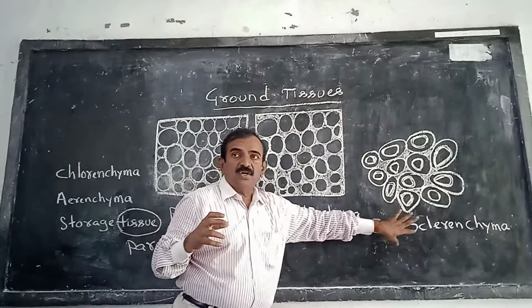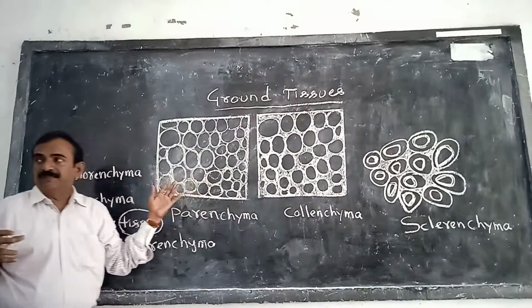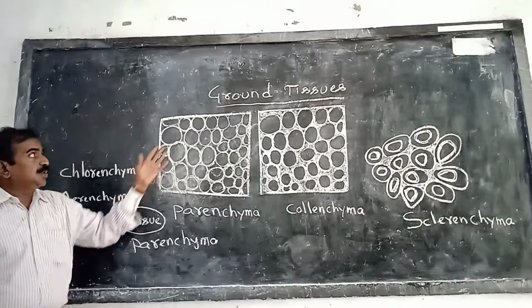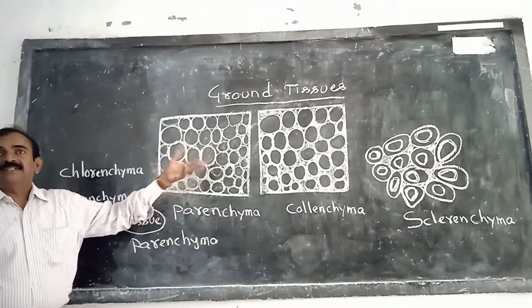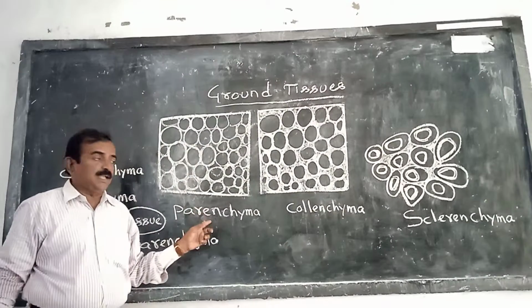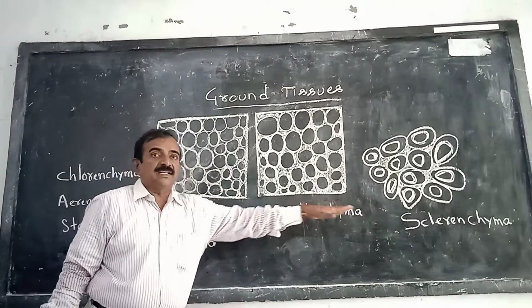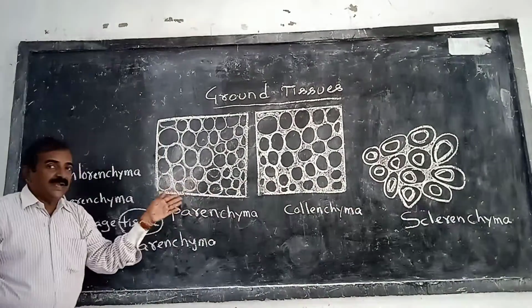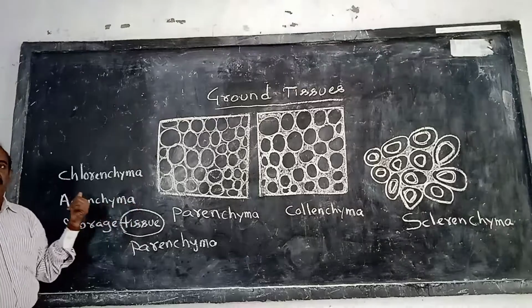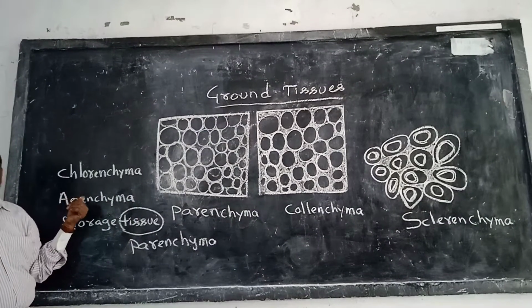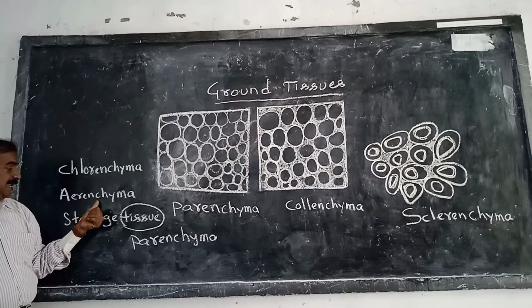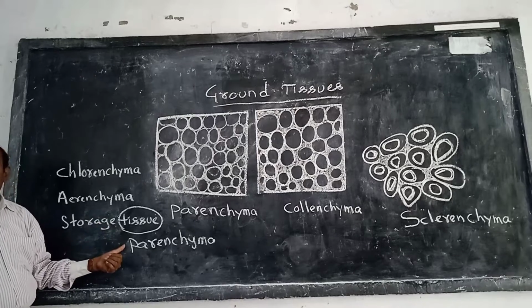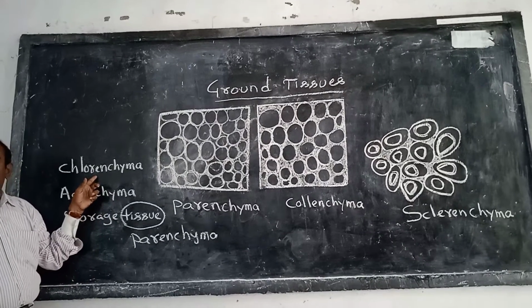So we discussed how many types of tissues? Three types. Ground tissue is of how many types? Three. What are they? Parenchyma, collenchyma, sclerenchyma. How many types of parenchyma are there? Three: chlorenchyma, aerenchyma, storage parenchyma. What is the function of chlorenchyma?